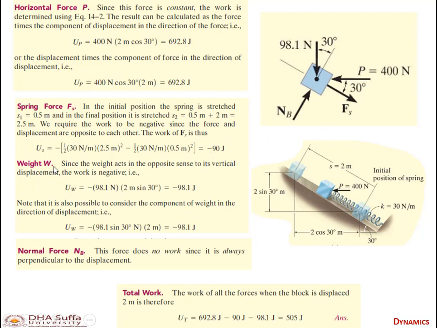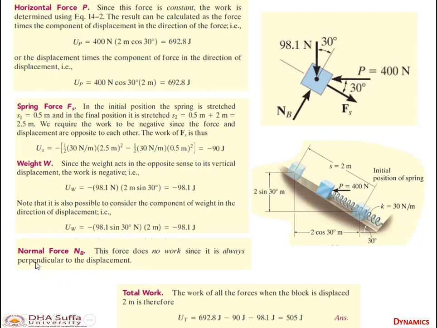Now let's come to the weight part. Weight is acting downward, so there is a sine component of the displacement S, that is the delta Y part: minus 98.1 times 2 meters, the displacement, times sin 30. So the work done by the weight is minus 98.1 joules.